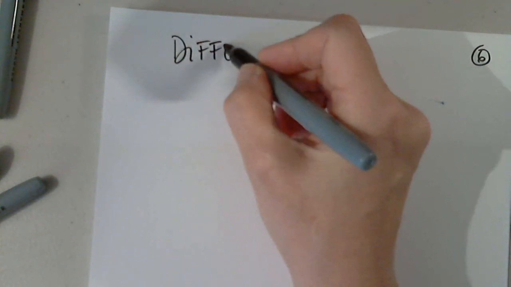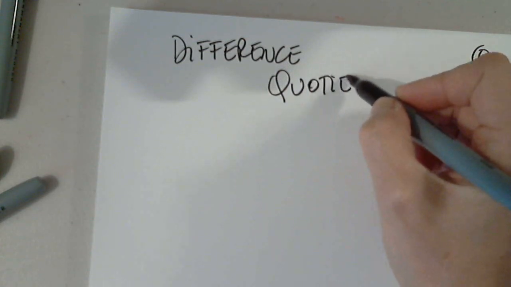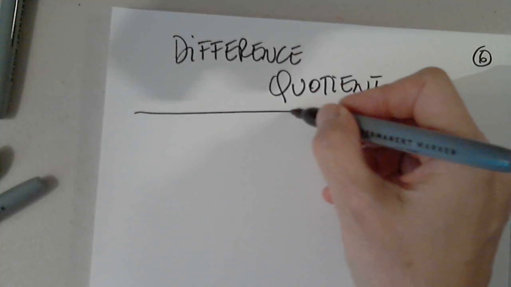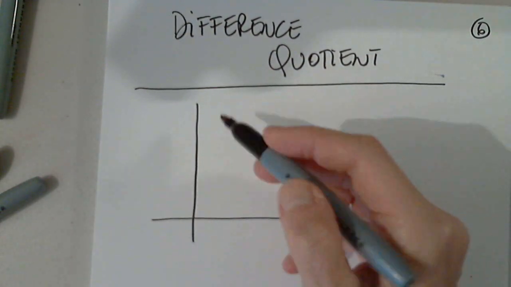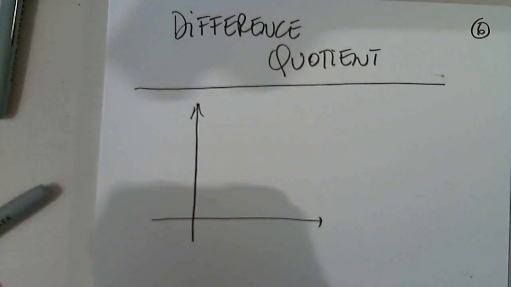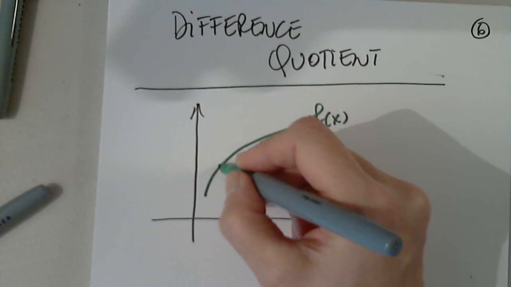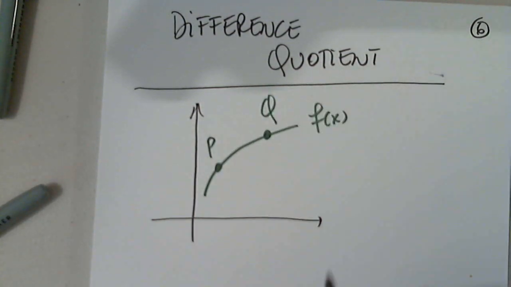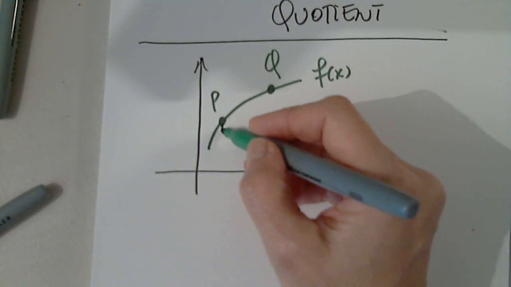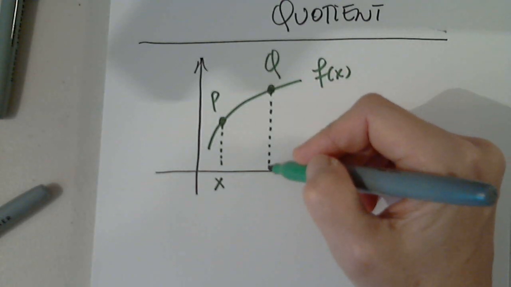Okay, so let's talk about the difference quotient and what it means. So let's look at a graph. Here's a function, f of x. I'm going to use 2 points on this function, P and Q. And the coordinates of P, you're going to give me the y value.